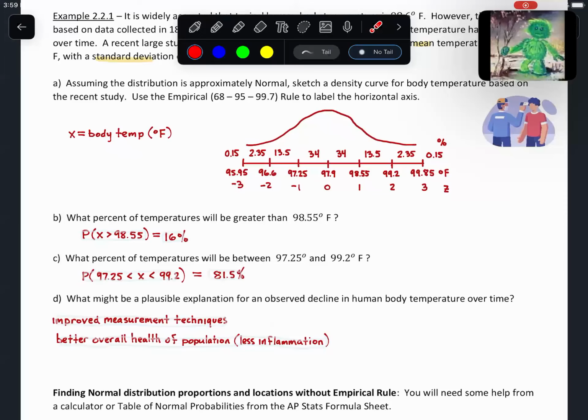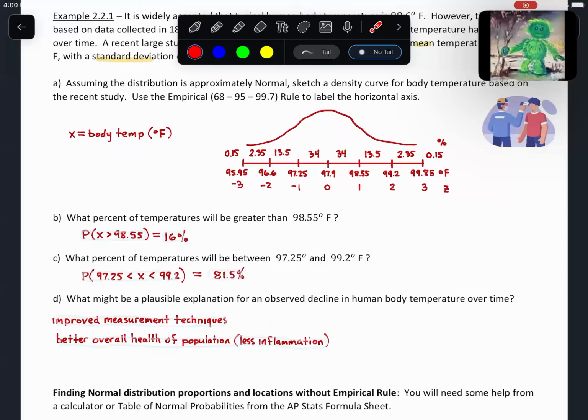What if I wanted to know what percent of humans actually have a body temperature less than 98.6? There's a cut point that's relatively close, but it's not 98.6, right? It's actually going to be somewhat rare that the questions asked involve numbers exactly 1, 2, or 3 deviations away from the mean. So ultimately, this technique is not the most useful one.